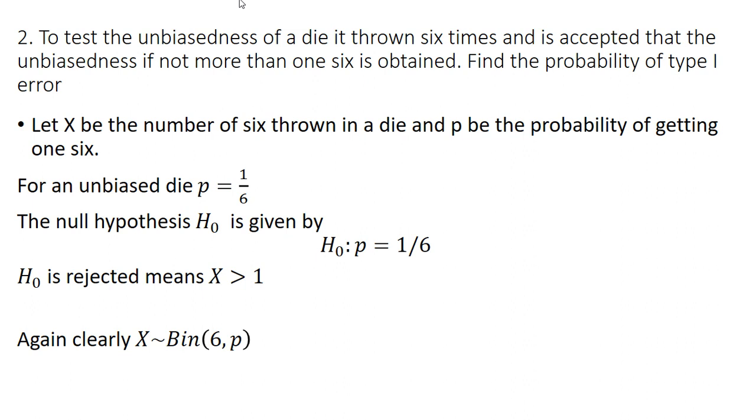The null hypothesis H0 is p equal to 1/6. Our target is to reject that null hypothesis. So if x is greater than 1, we can reject the null hypothesis. The number of occurrences of 6 is clearly binomial with parameters 6 and p.